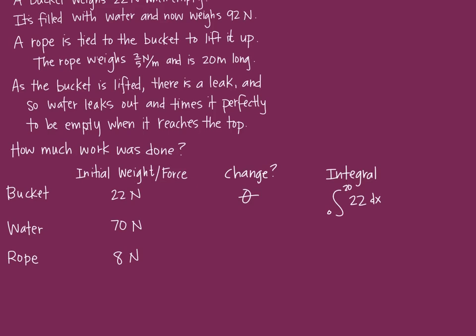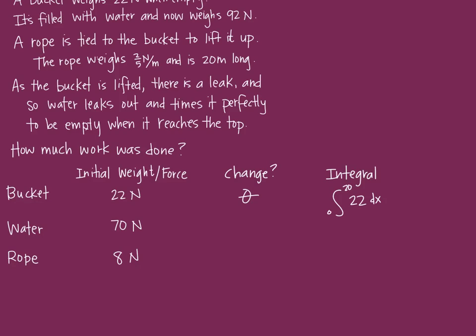Now, the water is changing in such a way that by the time I've covered 20 meters, it's now empty. Can you figure out the rate at which the water is leaking? If it started out with 70 and has gotten down to nothing after 20 meters, it's 70 over 20, which is 3.5.